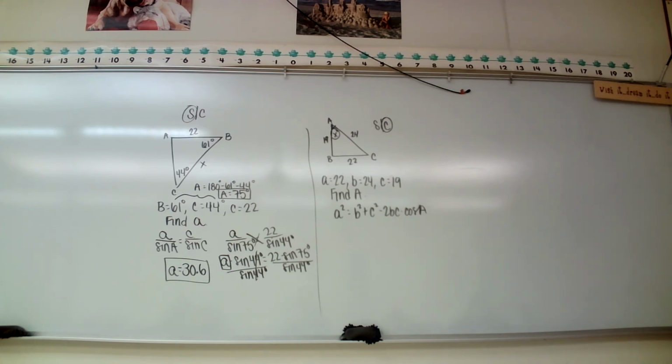You have to do a squared is equal to 26 squared plus 31 squared minus 2 times 26 times 31 times cosine of 16. You type that all in. What'd you get? 27.